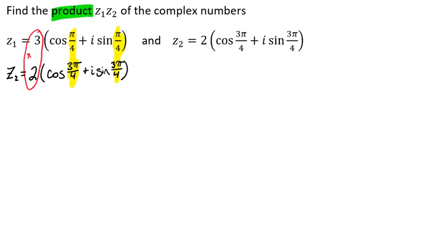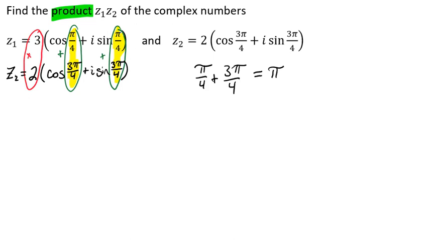So when that happens, I'm just going to add them, and it makes it a lot easier. So it's like my sine here matches my sine there, and my theta here matches my theta there. Because I'm doing the same addition, so the highlighted portion is the same, I really only have to do it one time. So what's pi over 4 plus 3 pi over 4?